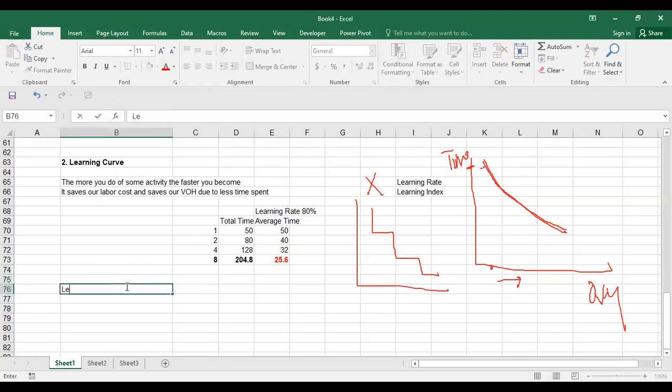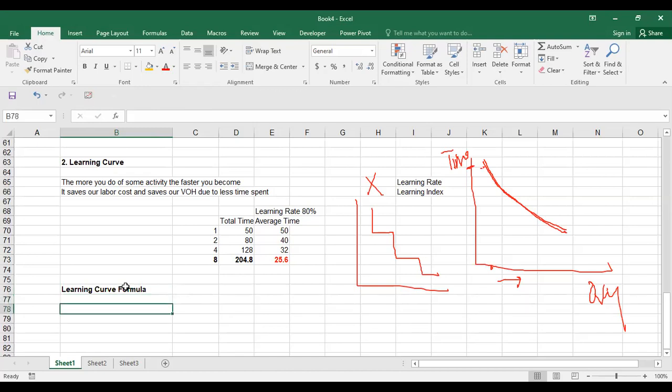So we have got a learning curve formula as well, and we will do it with the help of the formula actually in exam mostly. And the learning curve formula is y is equal to ax power b. This is your formula for learning curve. Now, what is y?